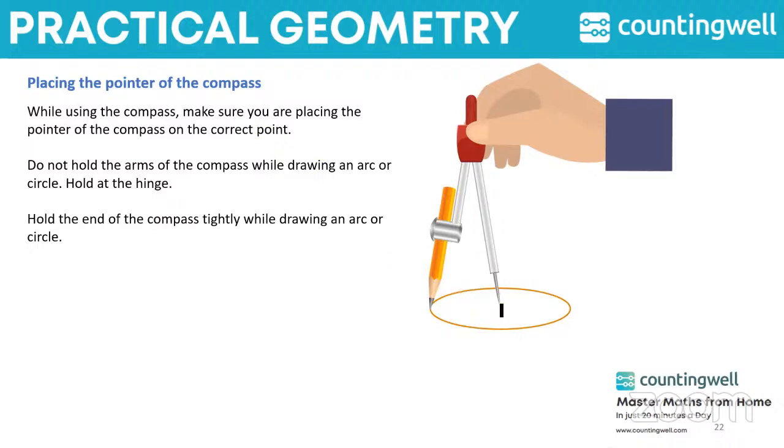So whenever you're drawing a circle, make sure the metal tip is fixed at the same point and it is not moving from that point. So do not hold the arms of the compass while drawing an arc or circle, and always hold it on the hinge. Also, you have to hold it tightly while drawing an arc or a circle.